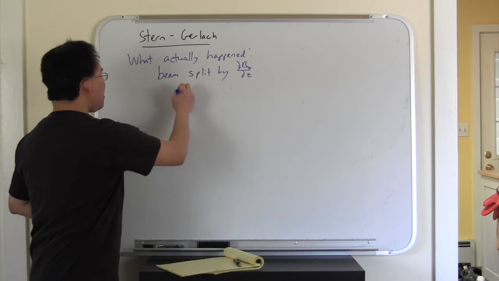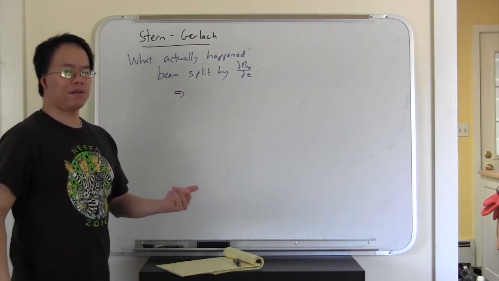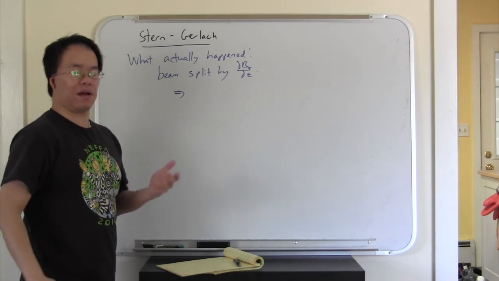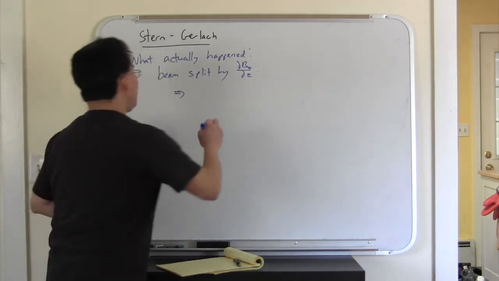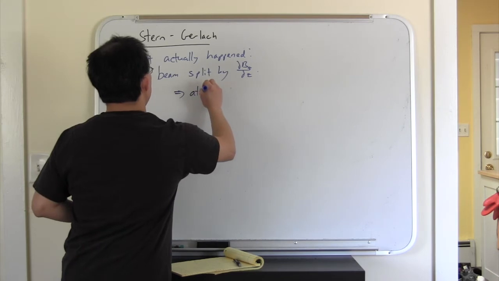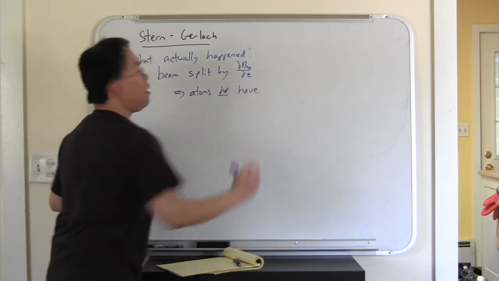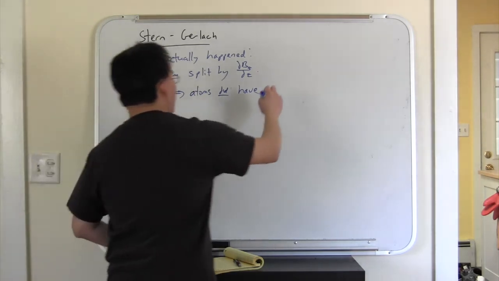And the only way to get a magnetic force is to have a z component of your magnetic moment. So atoms did have a mu z.